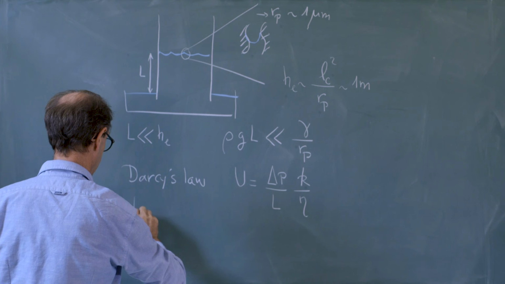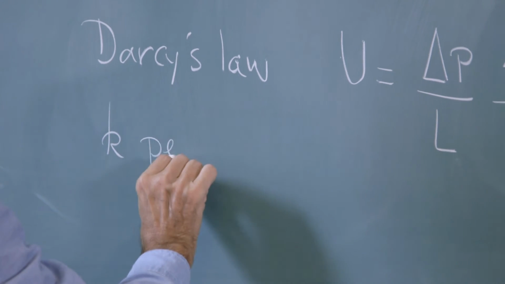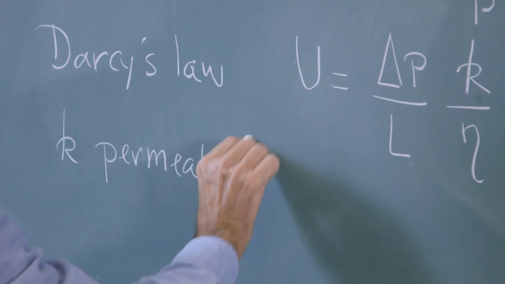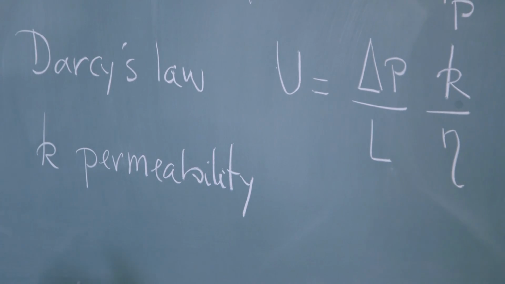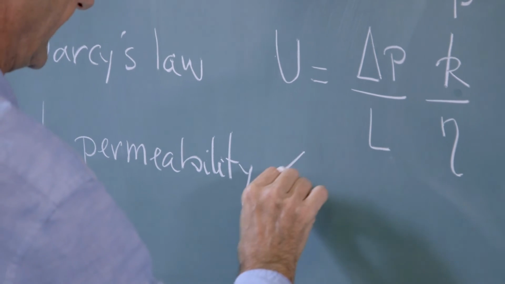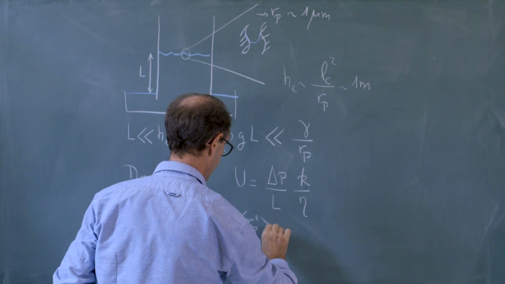So K is a characteristic of the porous medium. It's called the permeability, and it has the dimension of a square of a length. So K is basically an average over the square of the pore radii.